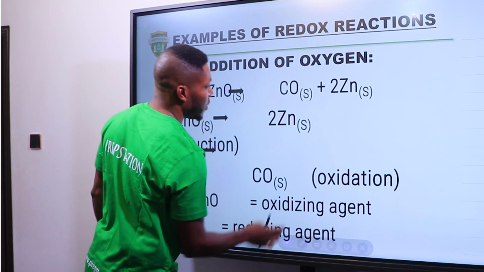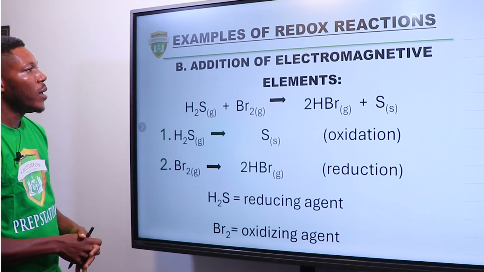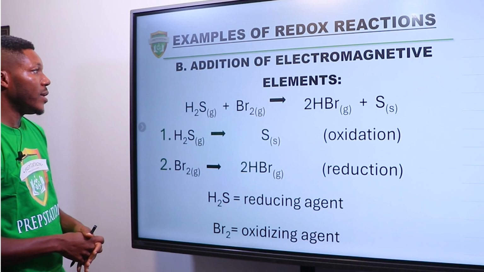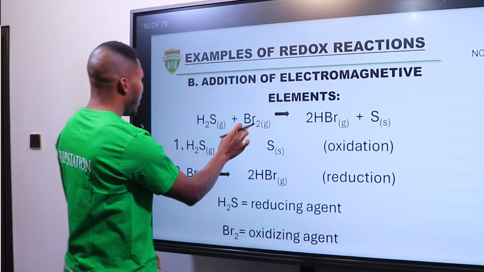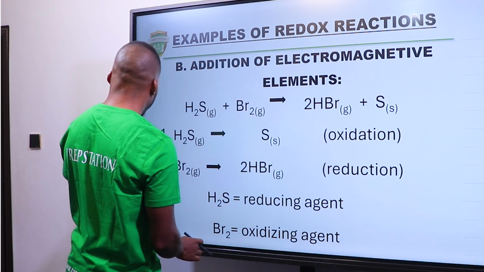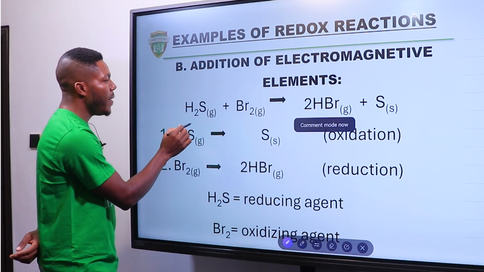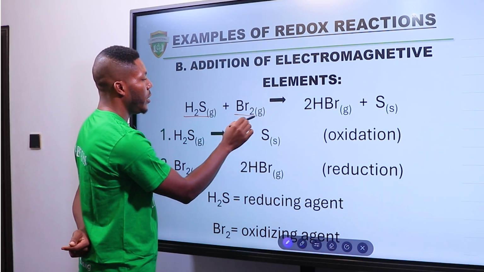All right, another example is addition of electronegative elements. Electronegative, please, is not M, is N. Now let's explain this more. This is the main reactant, hydrogen sulfide with bromine.